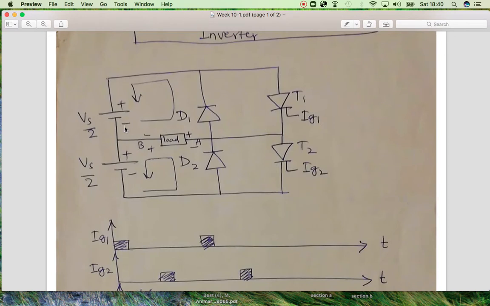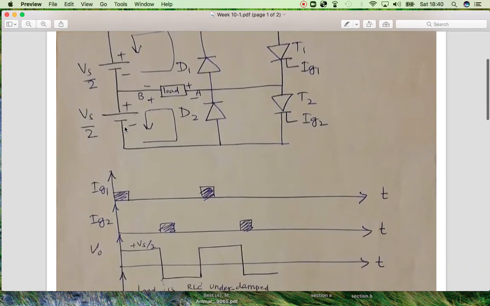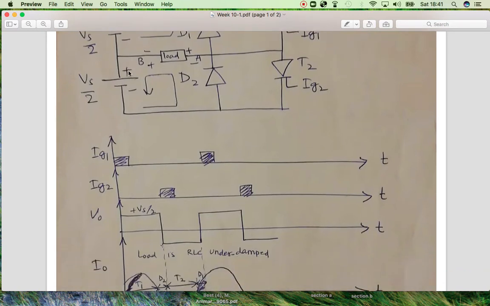And when we have turned this thyristor off and thyristor T2 on, then the current, which was previously flowing over here, is now flowing from here to here and draining over here. So the voltage at the load side will be negative Vs by 2.